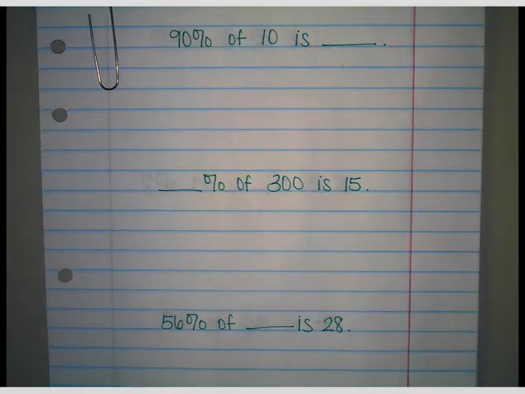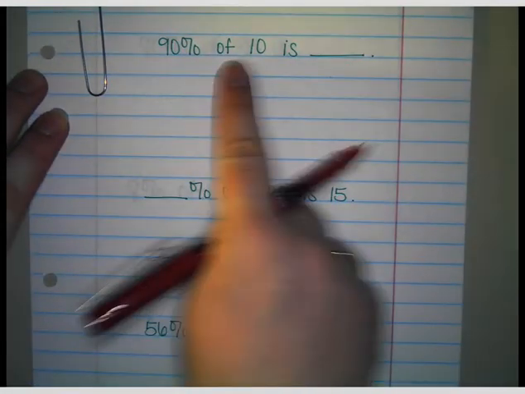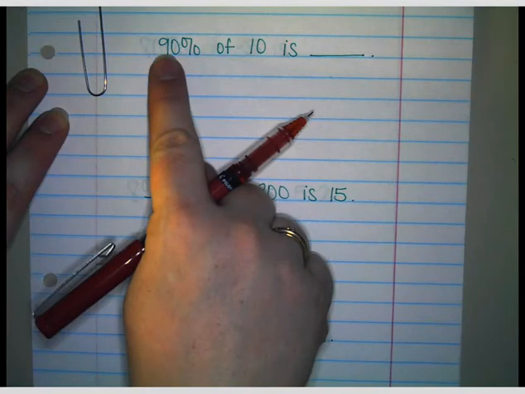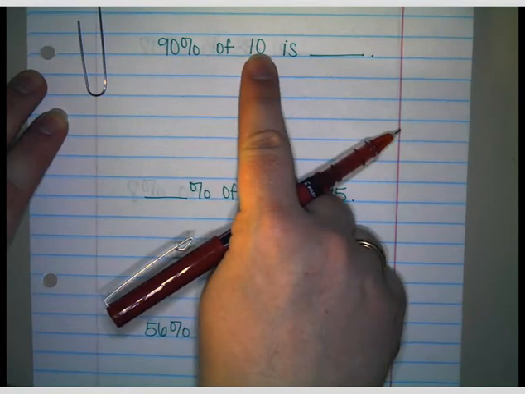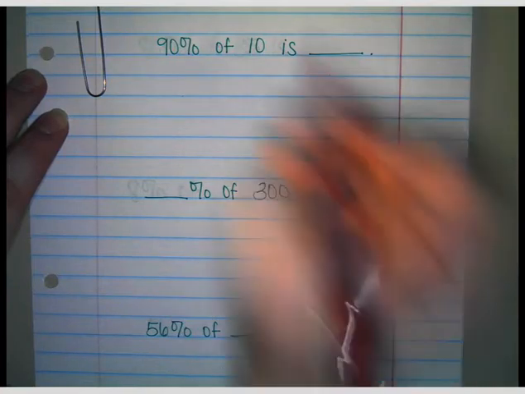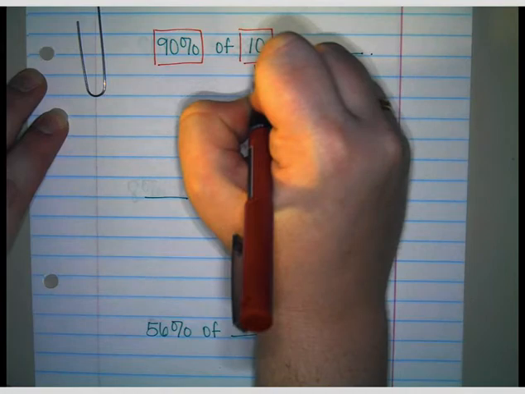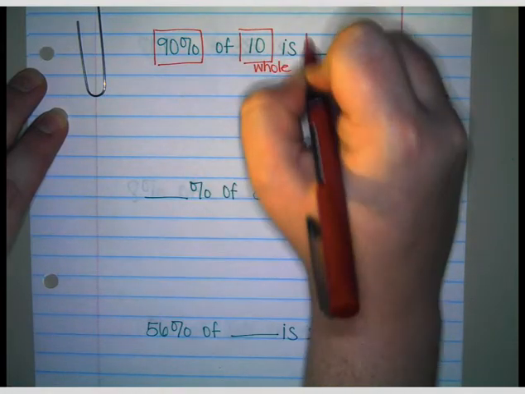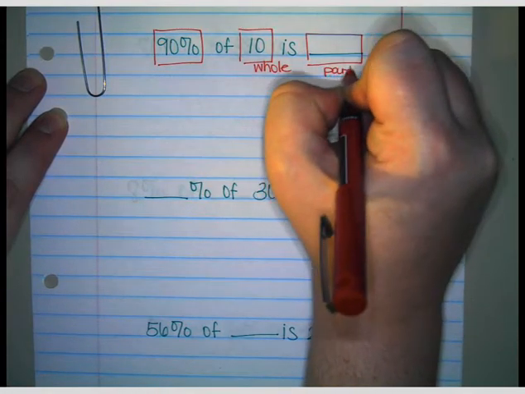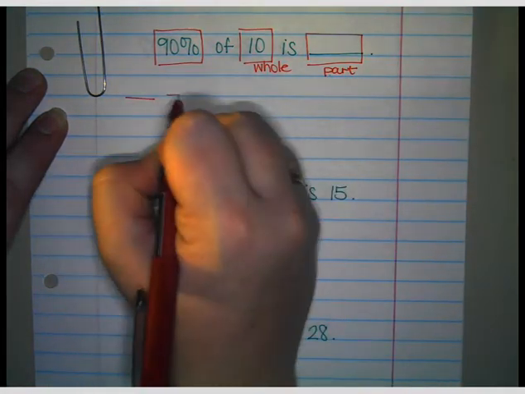All right, the first problem that we're going to do is 90% of the whole number 10 is what little part? As a review, we remembered in class today that there's always percent, and then this is the whole, and this is the part. And we can set up 2 ratios that are equal to each other.